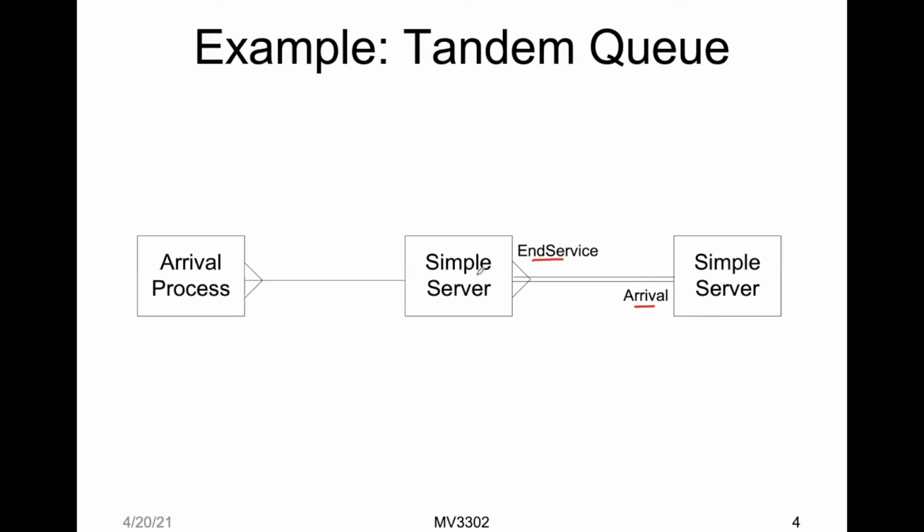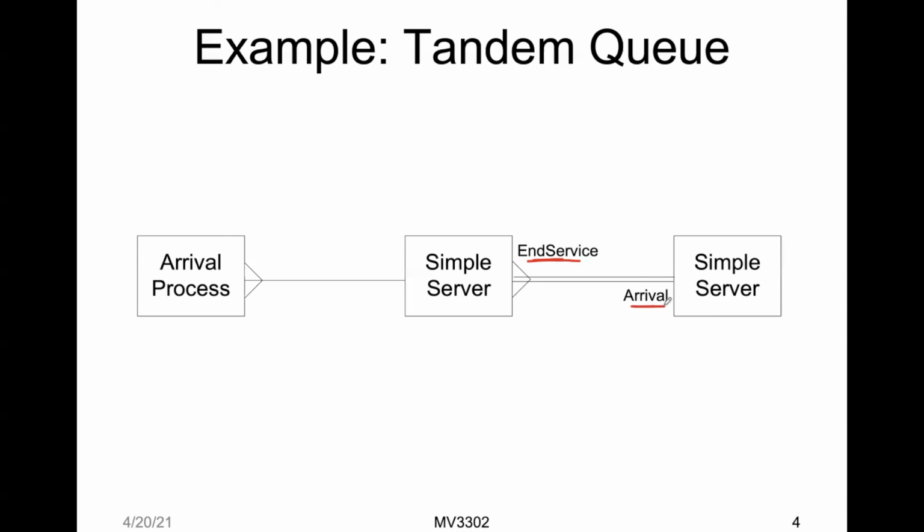We have two instances of the simple server, because each is parameterized, so we can have a different number of servers at each of the stations. We could have different service times for those. But now this will actually create our tandem queue for us.